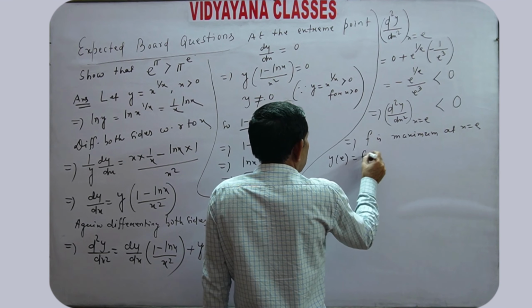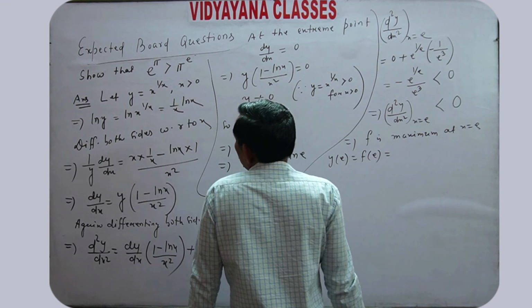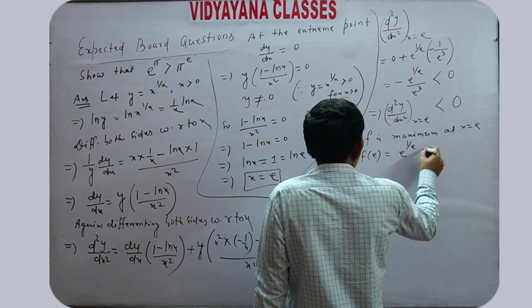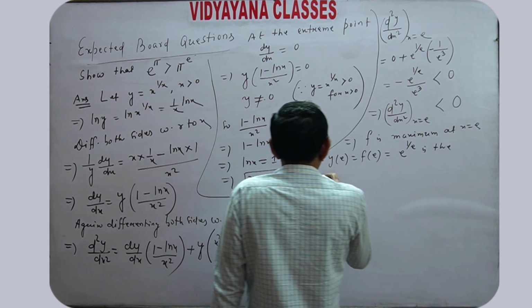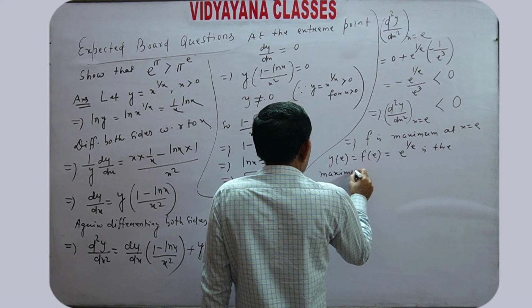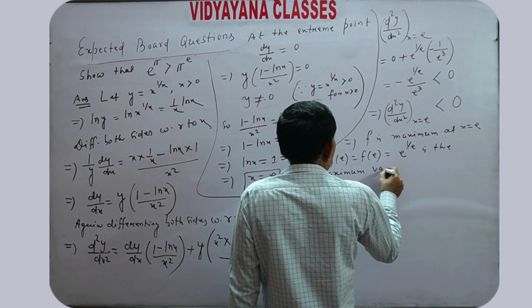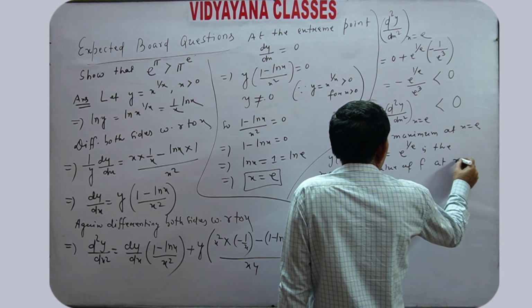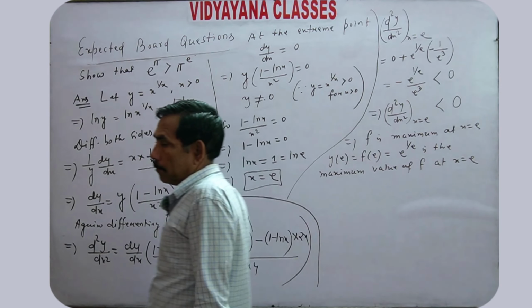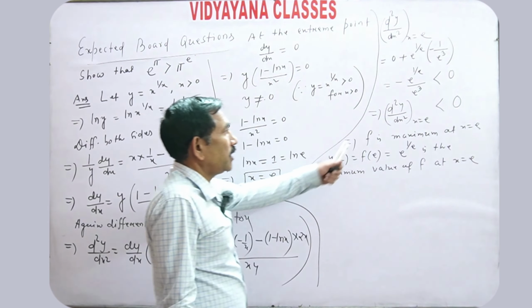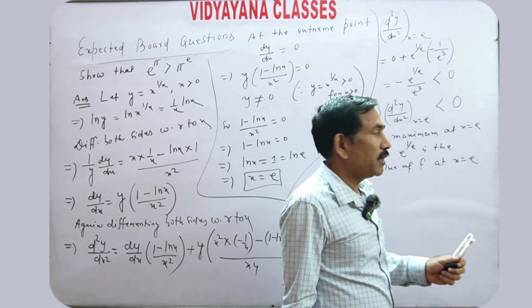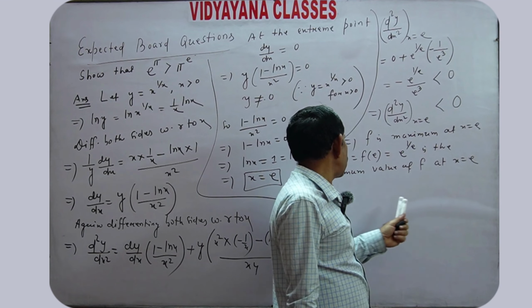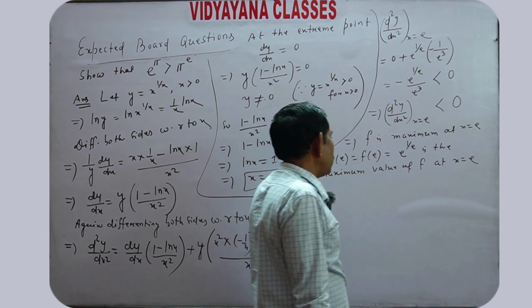Hence f(e), that is e to the power 1 by e, is the maximum value of f at x equal to e. Clear?